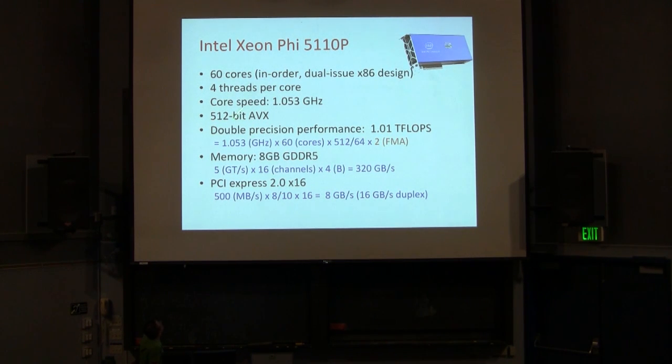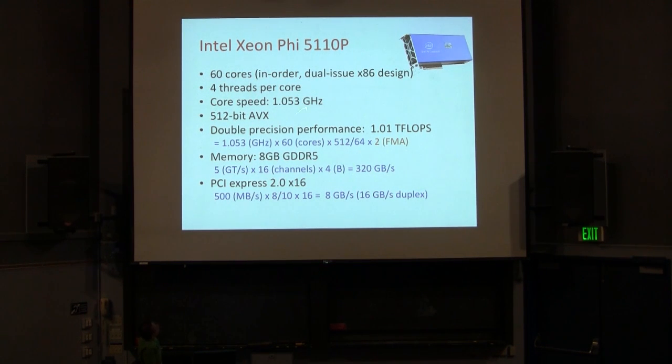Okay. So it's a relatively simple architecture, and the core speed compared to Xeon's is relatively slow, but it has a lot of cores, and also they double the vector unit width to 512 bit.